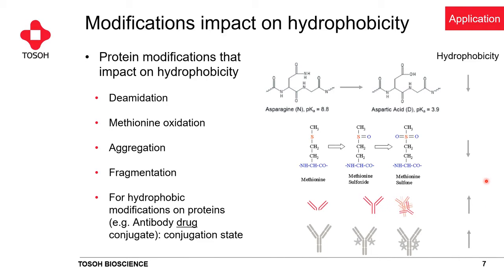And if we attach any modifications that are more hydrophobic than our protein itself, of course this will also lead to increased hydrophobicity, and this is often done, for instance, for antibody drug conjugates, which use a hydrophobic chemotherapeutic drug attached to an antibody.